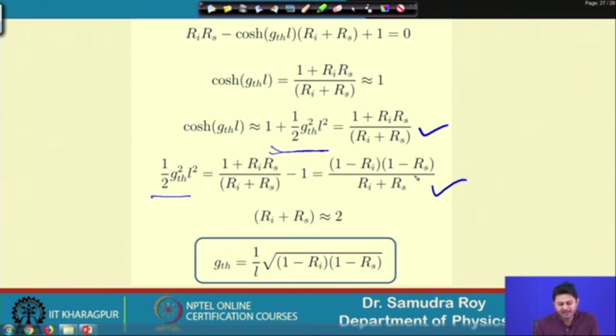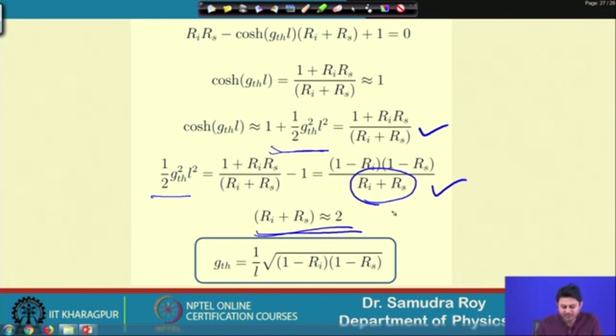Again, RI and RS are very close to 1, because they are the reflectivities of the two mirrors at two different wavelengths, and this reflectivity is very strong. So RI plus RS is nearly equal to 2, and I can replace these things with 2.